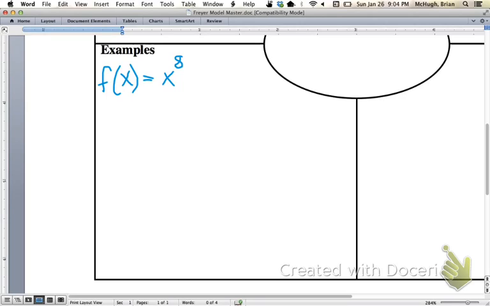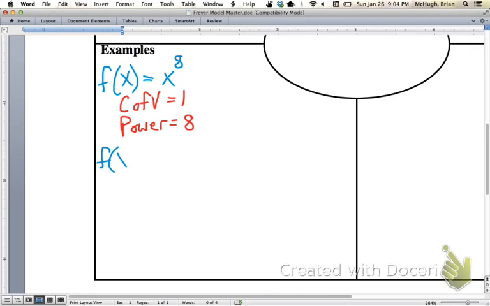Looks a lot like a monomial because it is a monomial function and it's a power function. This is both. And so we would say that the constant of variation here would be 1, the leading coefficient is 1, and then the power is the exponent, which is 8. So for that example, that's the leading coefficient, the constant of variation, and the power.